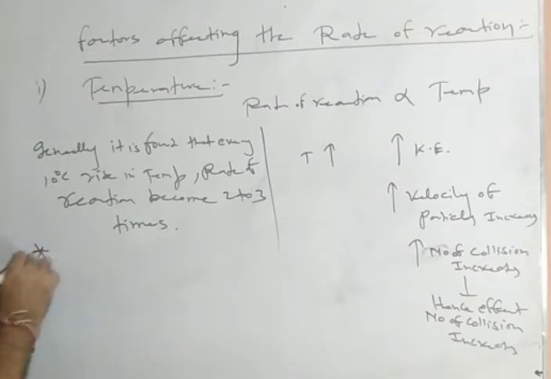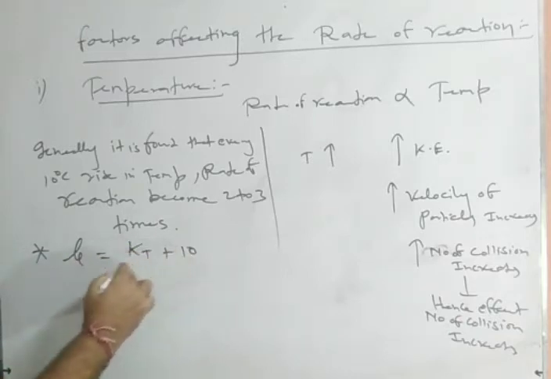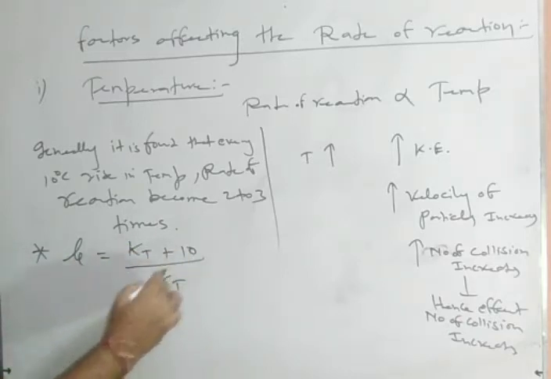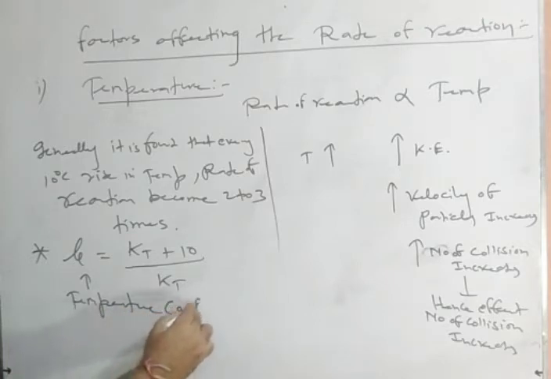You know one thing, mu is equal to k at T plus 10 divided by k at T. This mu is called temperature coefficient.